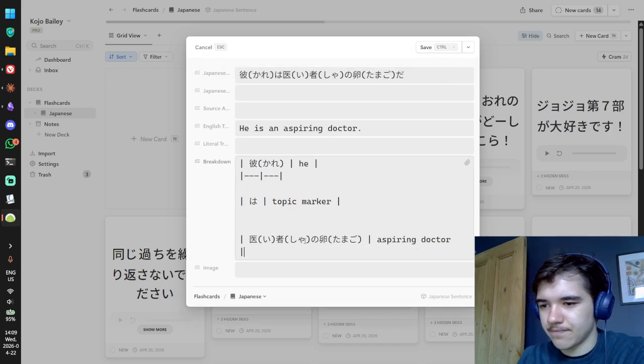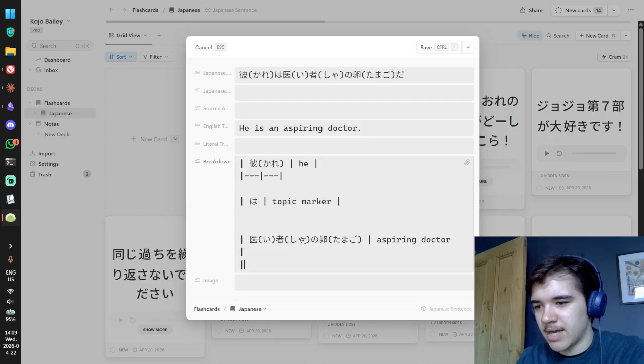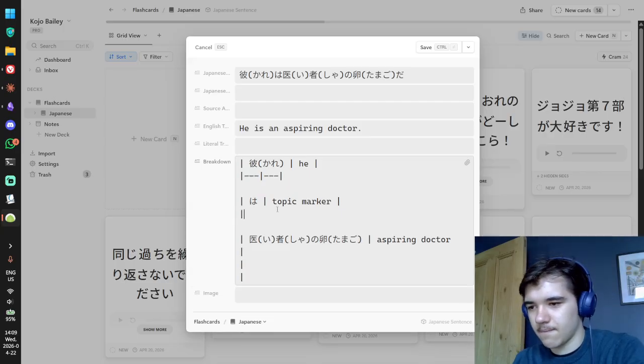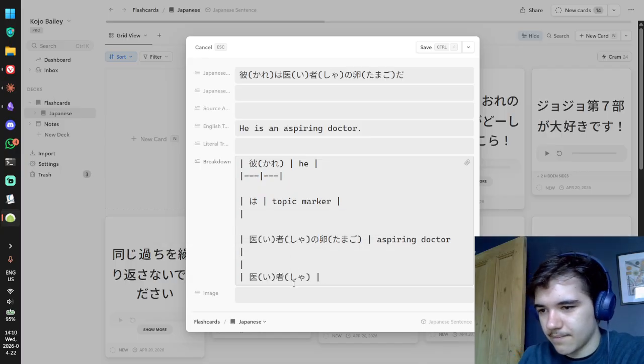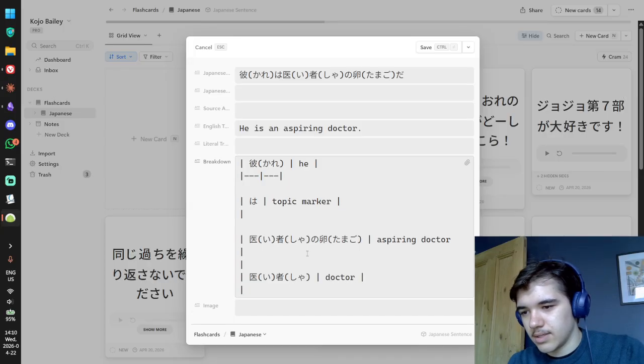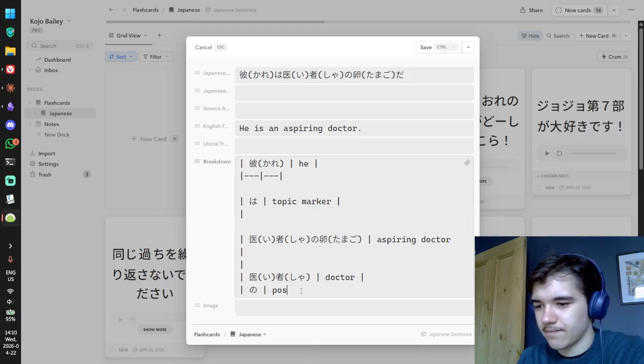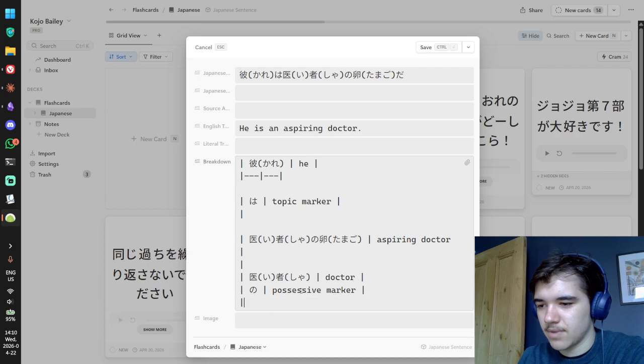Aspiring doctor, because it combines isha, which is doctor, no, which is the possessive marker.